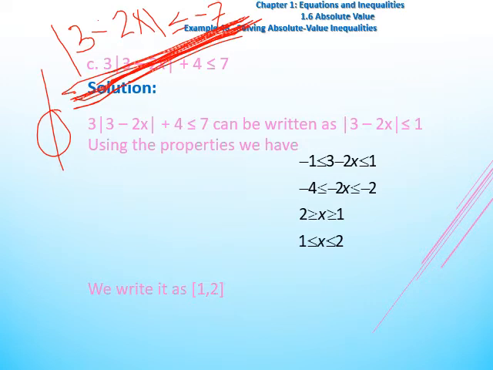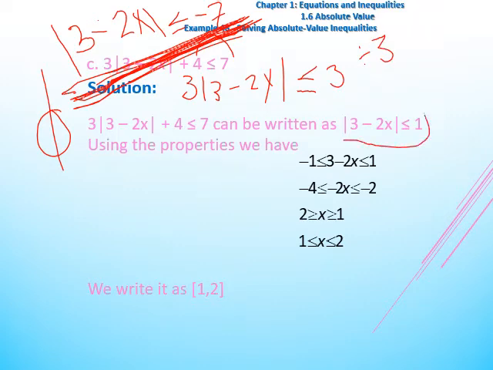So we will first add negative 4 to both sides to get 3 times the absolute value of 3 minus 2x less than or equal to 7 minus 4, which is equal to 3. Then dividing both sides by 3, we get the absolute value of 3 minus 2x less than or equal to 1.